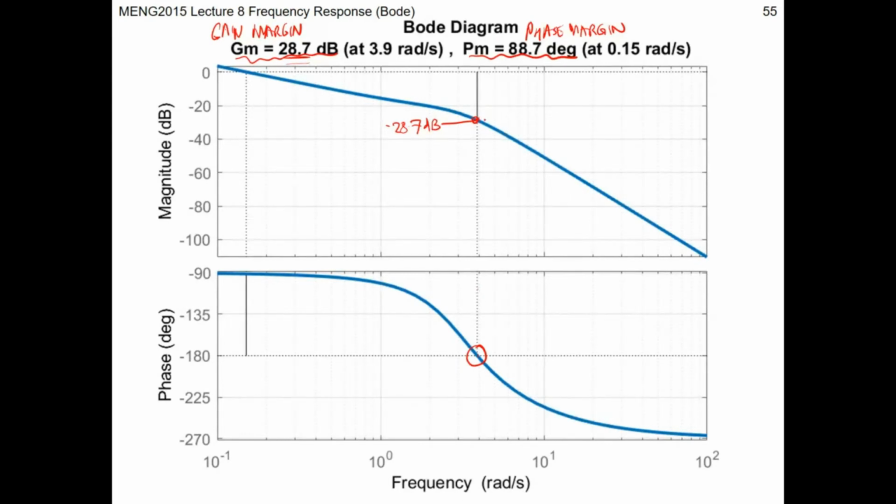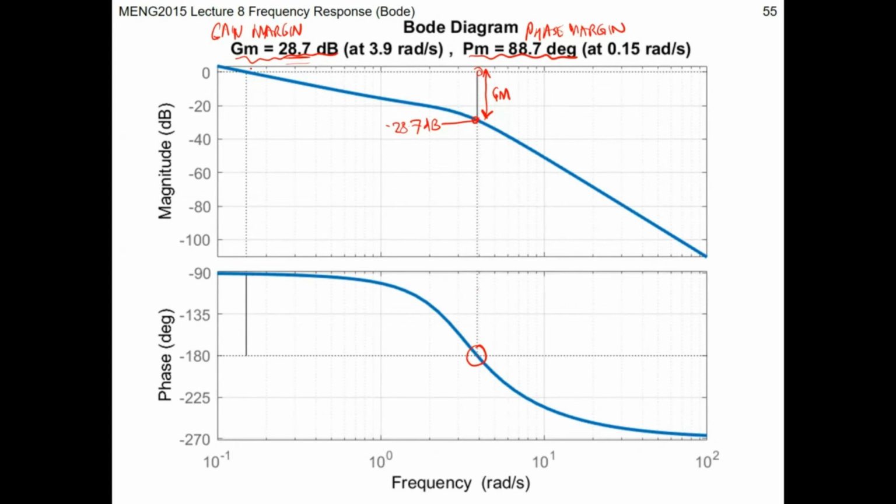So basically that means you could add 28.7 decibels of gain to the system before the gain line crosses 0 dBs at the same frequency as the phase line crosses minus 180, and that is the condition for marginal stability when interpreted in the Bode plot or the frequency domain.